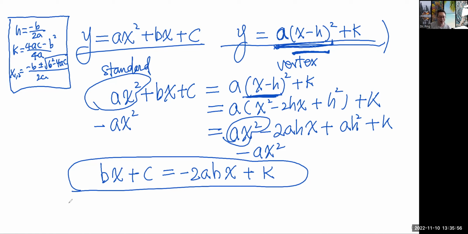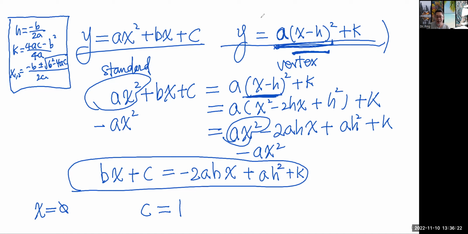Because of that, we can just find the value that works for us. For example, we can ask, what happens if x is 0? Well, if x is 0, on the left is c, on the right is k. We're missing something here, sorry. We still have ah squared plus k.